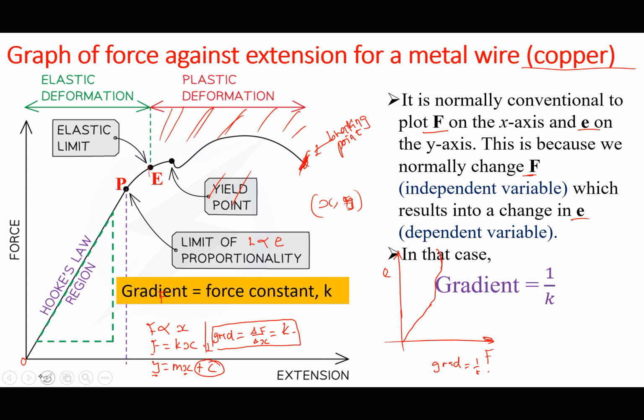E is going to be called the limit of elastic behavior, or the elastic limit, and is usually slightly beyond P. Of course, for learning purposes, the space between P and E has been exaggerated, but it is just slightly beyond P.